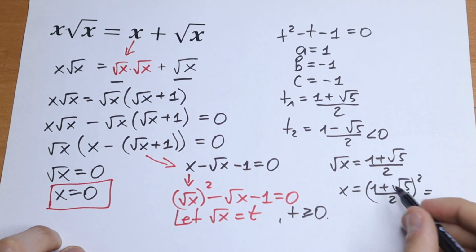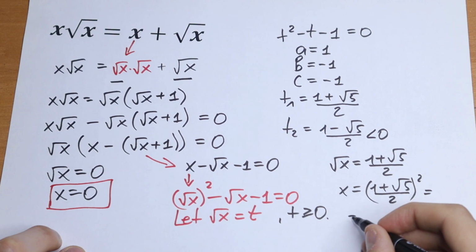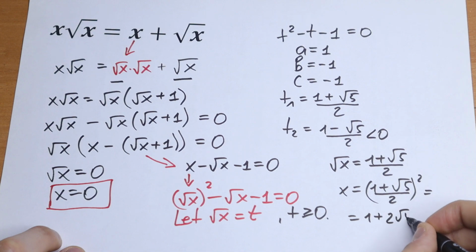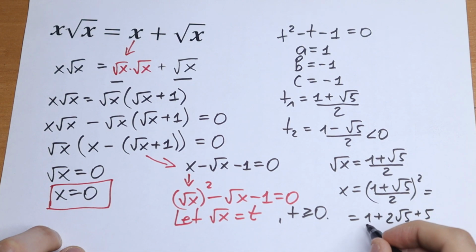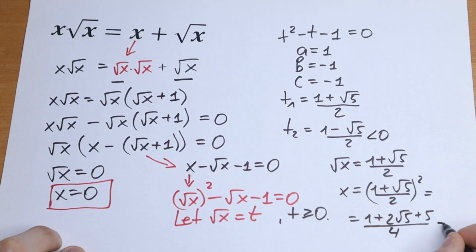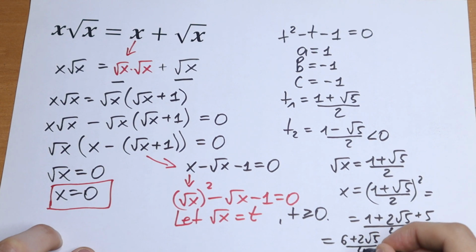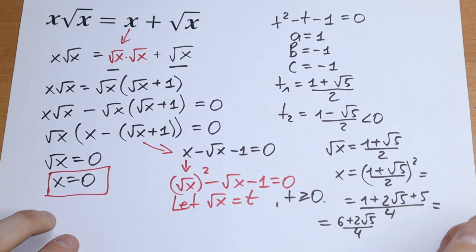We can raise numerator and denominator to the second power, and we will have 1 plus 2 square root of 5 plus 5 over 4. The last step, we can add 1 plus 5, so we will have 6 plus 2 square root of 5 over 4. And this is the solution.